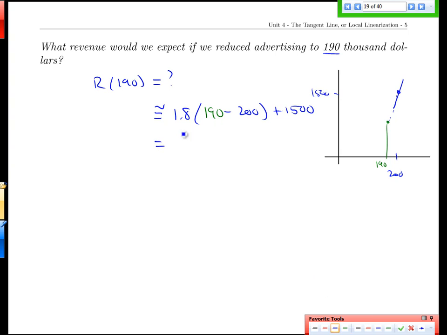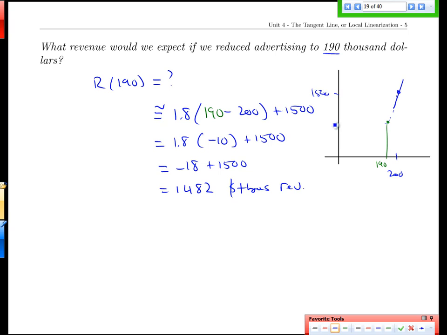And then it just becomes an exercise in calculation. We have 1.8 times negative 10 plus 1,500, and so that's negative 18 plus 1,500, and 1,482 thousands in dollars of revenue.